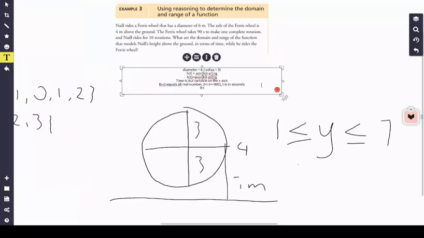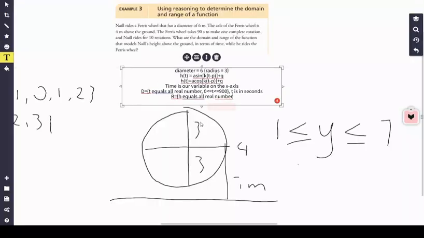And range is equal to height equals all real numbers. And we talked about why it's all real numbers. It's because there's no gap. He doesn't jump suddenly from this height to that height. Every movement is defined here. So it has to be all real numbers. So 1 is less than or equal to y, or height, which is less than or equal to 7.